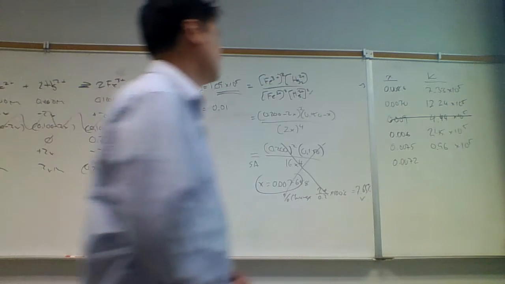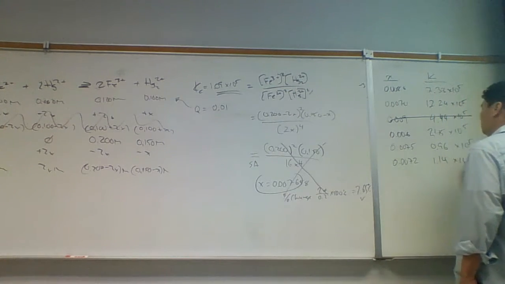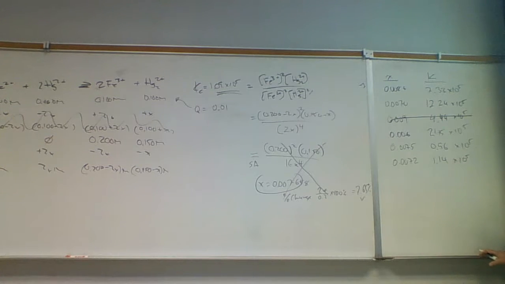1.14 times 10 to the fifth. Well, that's good. But I'm still not good enough. And so let's see here. So it's still between 75 and 72 now.